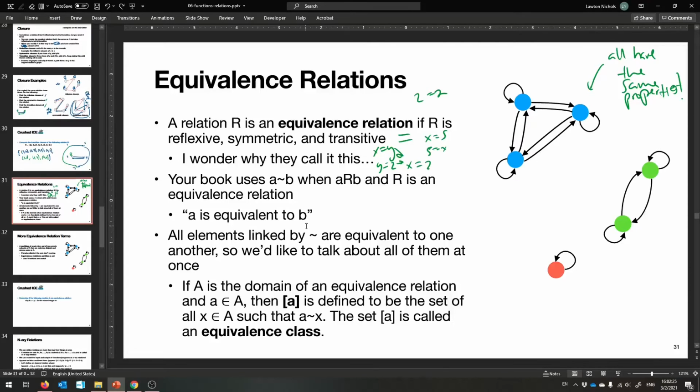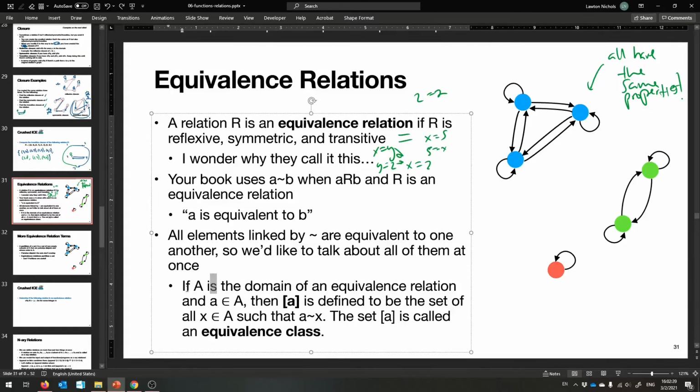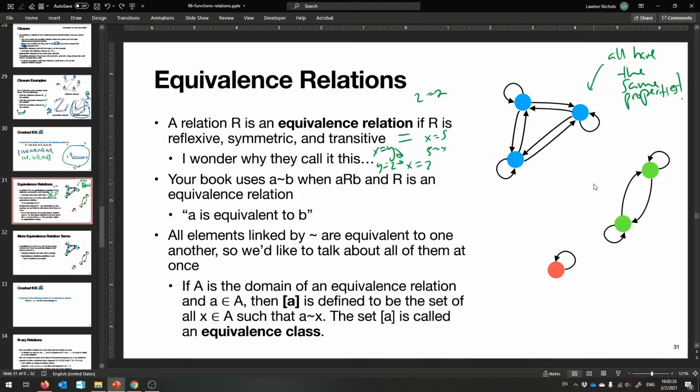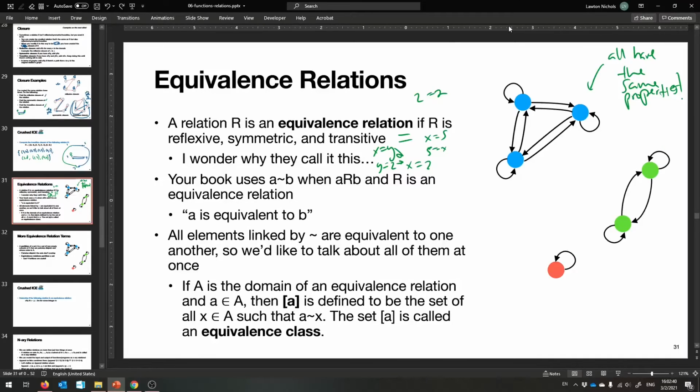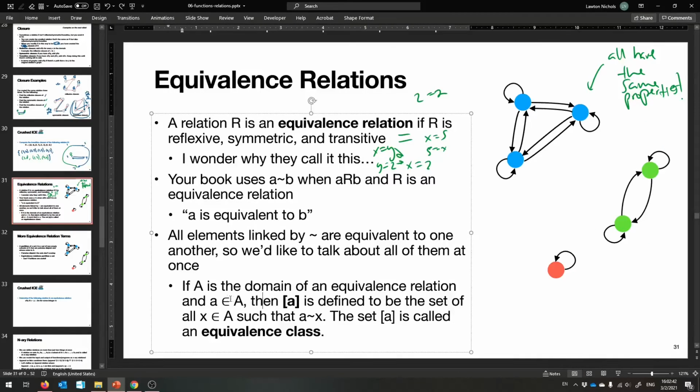So for that reason, we like talking about what's called equivalence classes, because we want to smush all the blue things together, all the green things together, all the red things together, because they're all equivalent to themselves. For example, if A is the domain of the equivalence relation, so all of these dots are pieces of A, and A is in A, then we can say bracket A bracket.